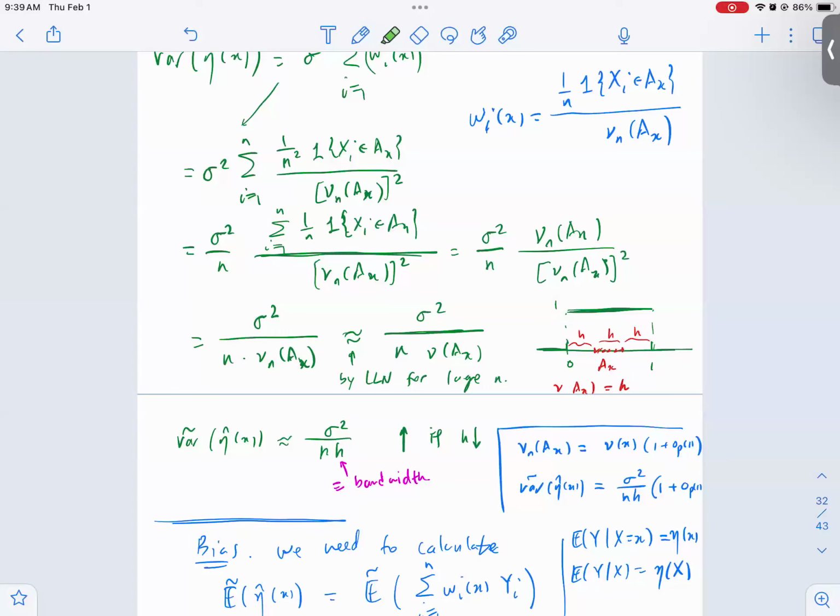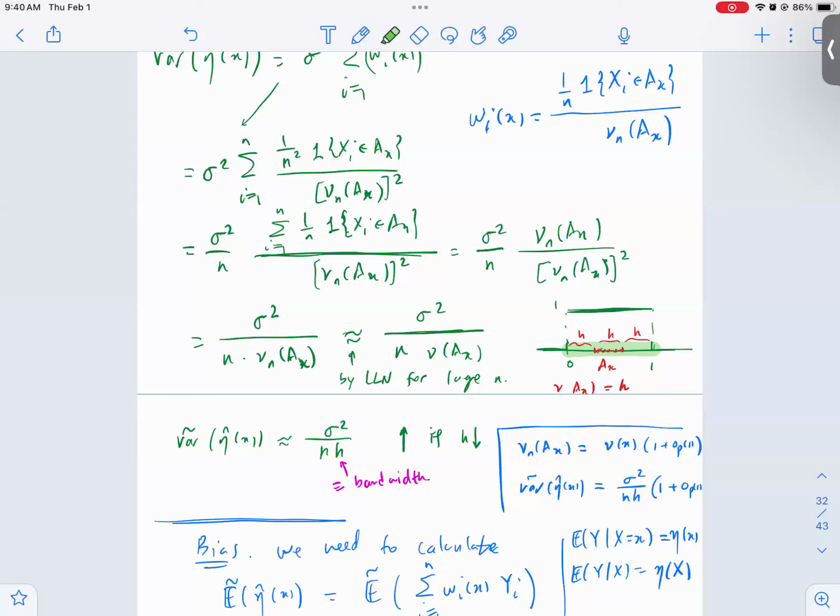If we look at the case of just one-dimensional space from 0 to 1, and we partition it into intervals of length h, and the distribution is uniform, then the probability that a random X lies within one of these intervals is h. That's the definition.